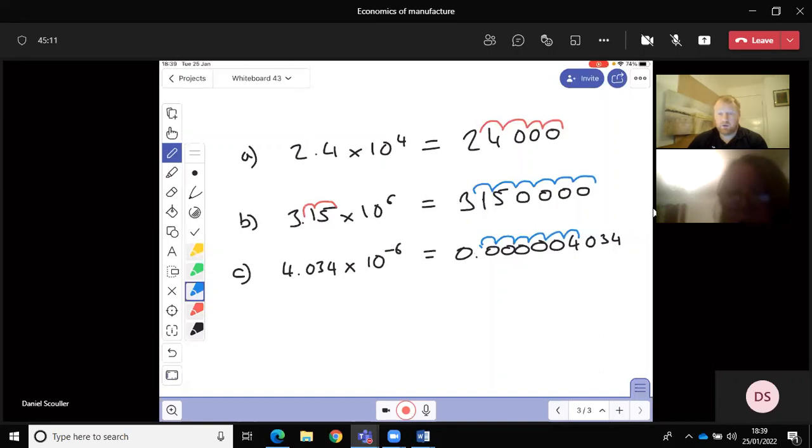Oh, right, okay. So it's essentially you're just looking for where the decimal point starts and where it will finish. Right, okay. So for a negative, you're having to fill in the zeros on the left hand side. For a positive power, you're filling in the zeros on the right hand side of the number.